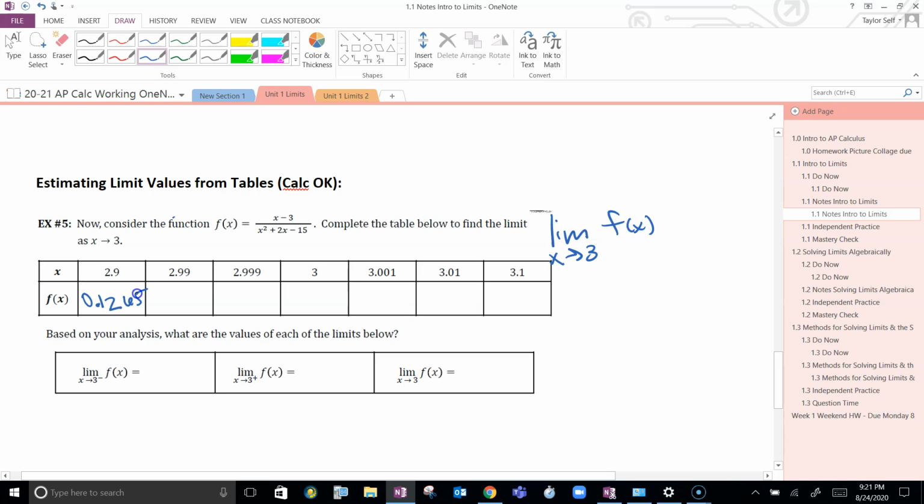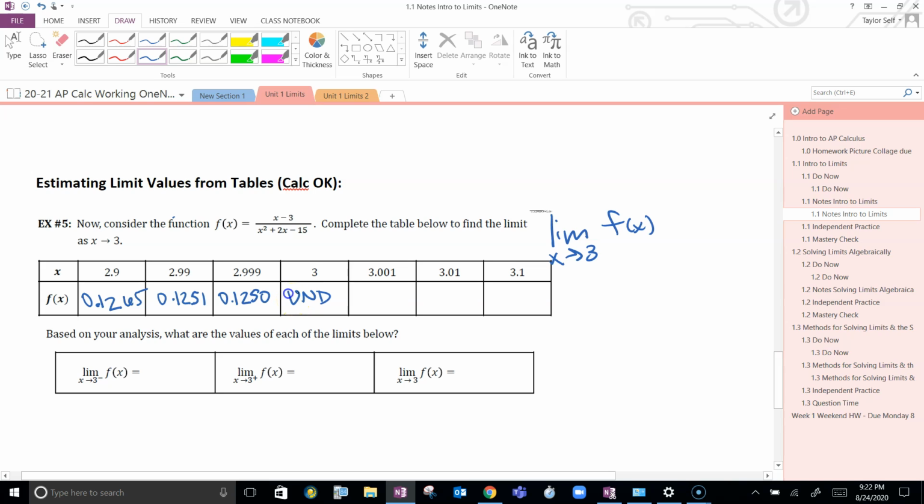We're plugging in these x values and we get the y value, right? So we plug in 2.99 for x, we get 0.1251. If we plug in 2.999, we get 0.1250.